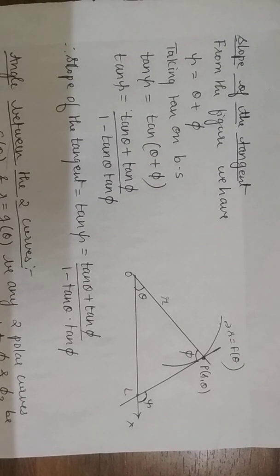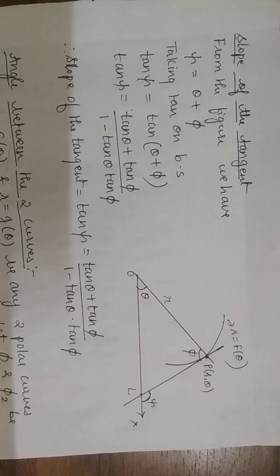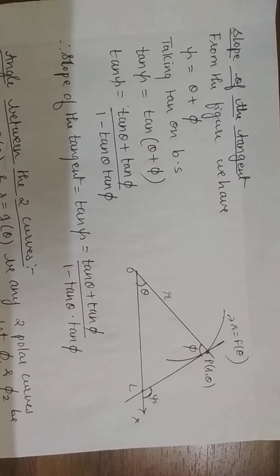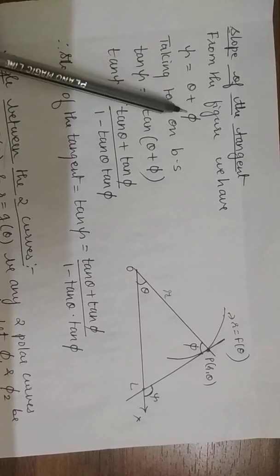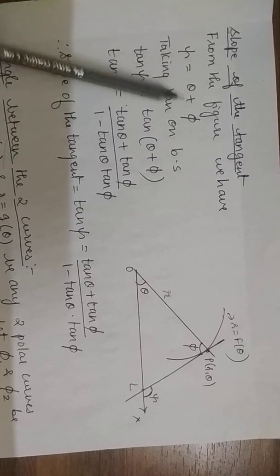As you have already gone through, we know that slope of the tangent is always denoted as tan psi, and that is dy by dx. So this is about the slope of the tangent. If we are asked to calculate the slope of the tangent, you can use this expression, substitute theta and phi, simplify it and take tan on both sides.